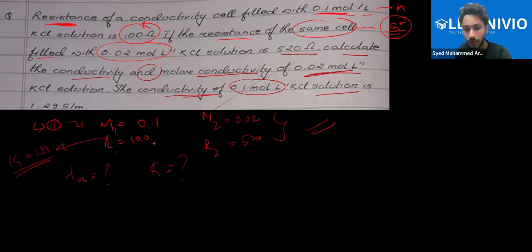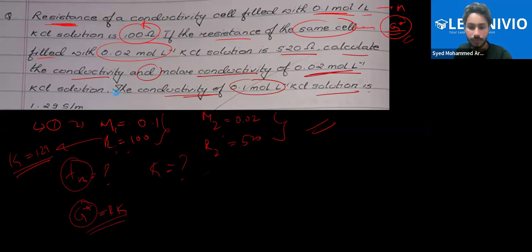G star is the same, so first of all, you have to make sure G star equals RK. G star is constant for this one and this one as well. So find this G star from the first cell, equate it with the second equation, and then find your lambda. Just solve it and tell me the answer.